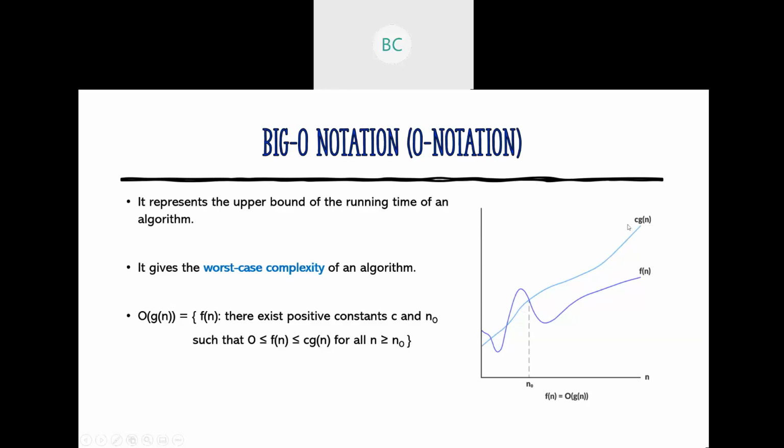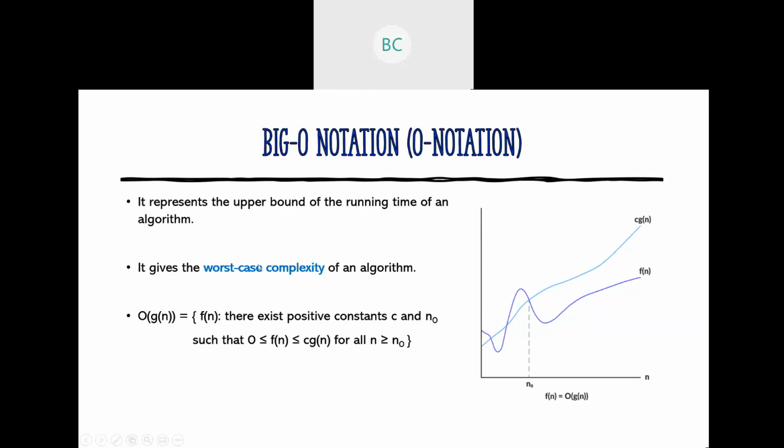Your actual one is like a boundary, it cannot go beyond this. So your Fn function, whatever solution you give, should always be in the range 0 to CGn. It should not go up. It just gives the upper bound.